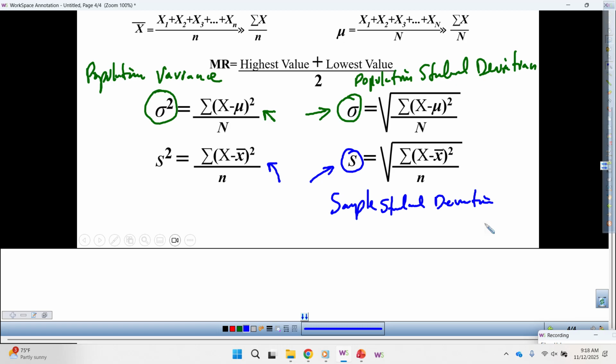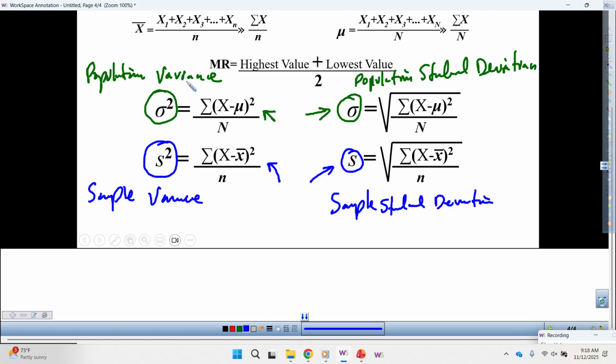Sample standard deviation. So therefore, what does this one represent? Ezra, what does this one represent? Sample variance. Hands if you got that. That is correct.